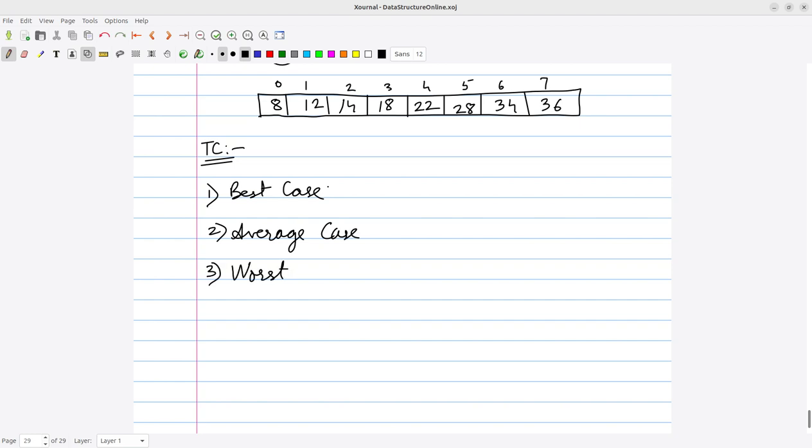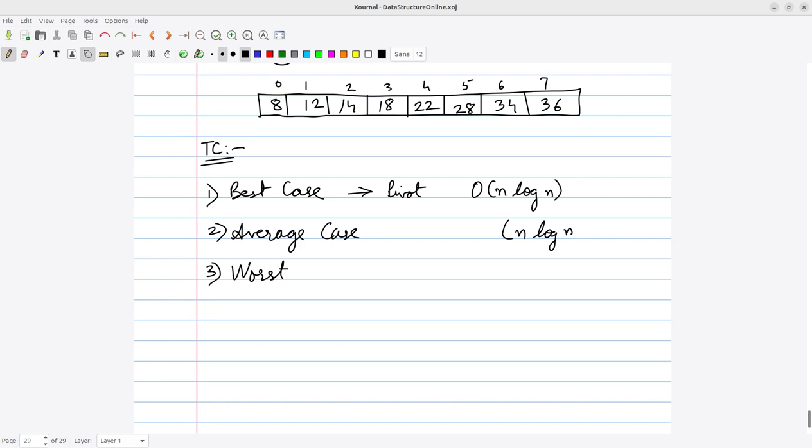The best case happens whenever the pivot element we take is at the center or middle of the list. In that case, the time complexity is obtained as big O of n log n, and the same holds for the average case.